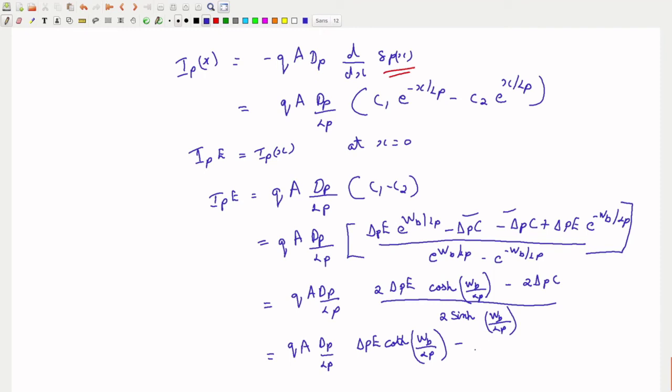That can be written as delta PC cosech WB by LP.